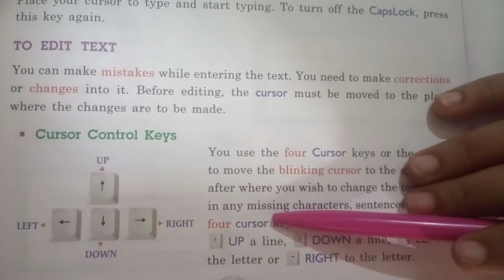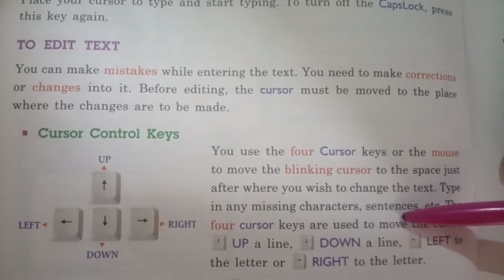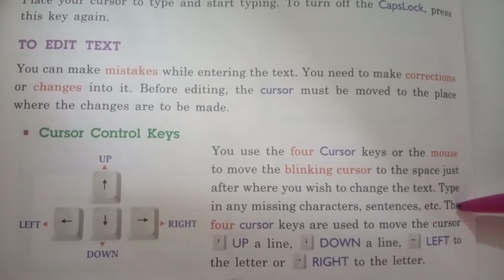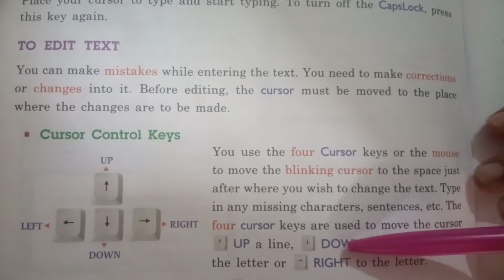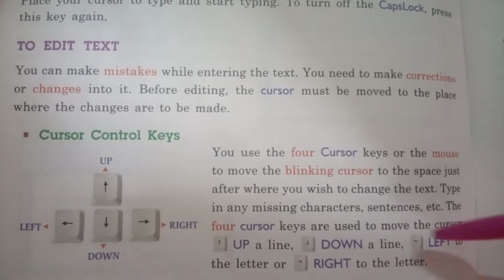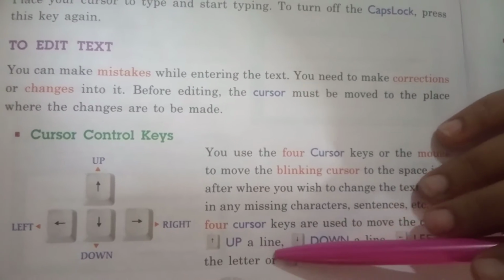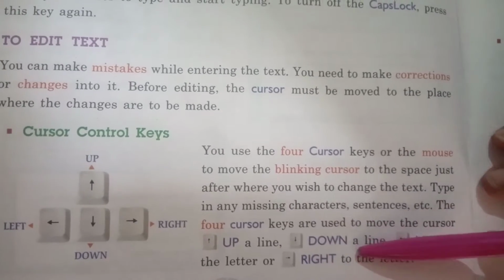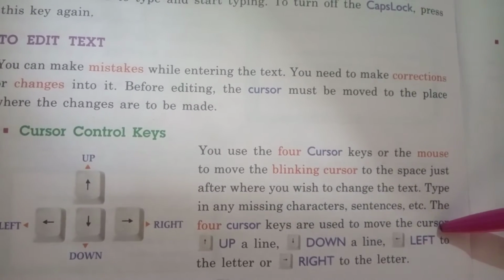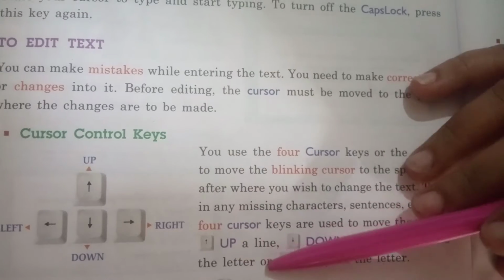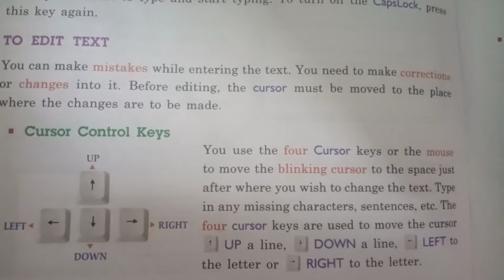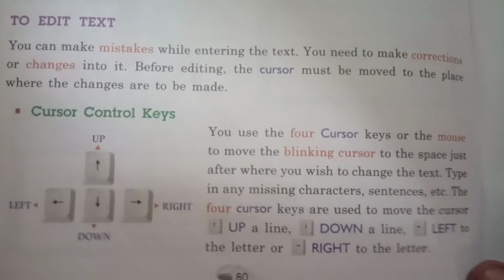Type in any missing characters, sentences, etc. The 4 cursor keys are used to move the cursor up a line, down a line, left to the letter or right to the letter. These are the 4 cursor control keys.